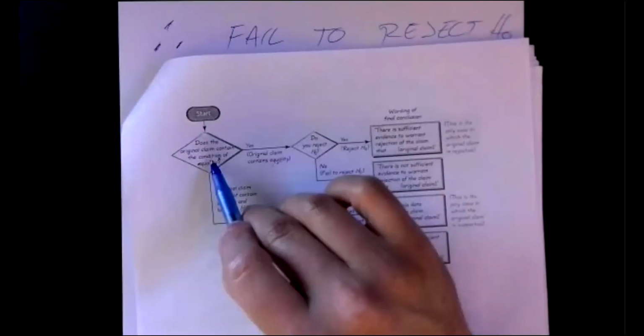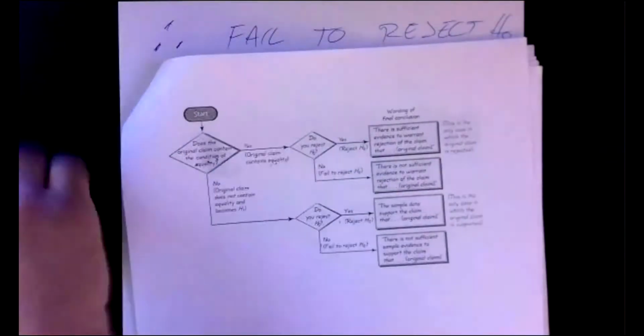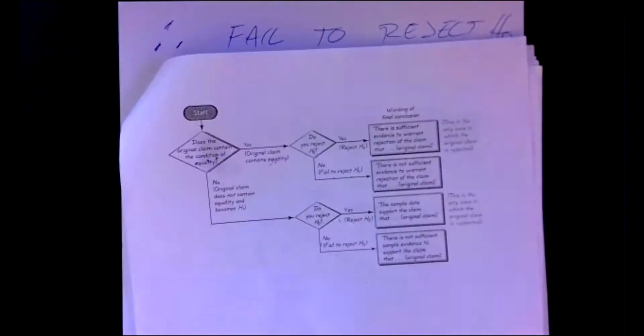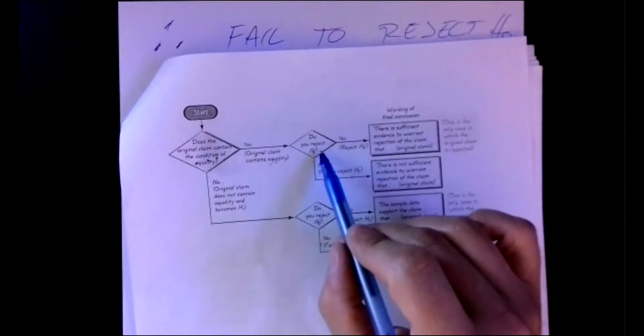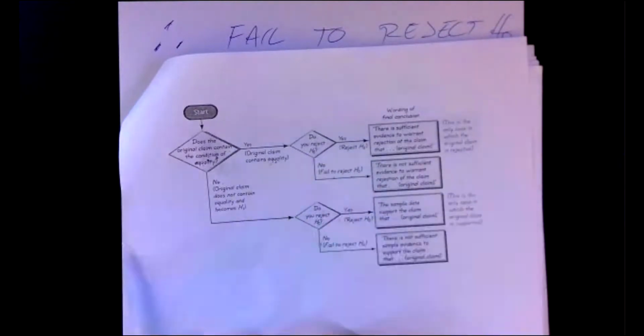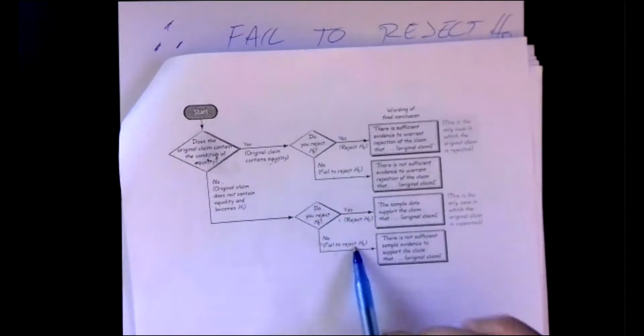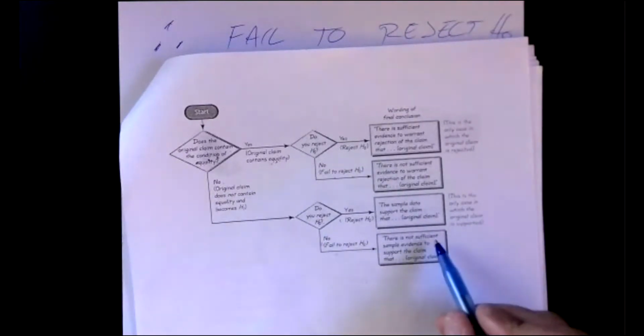Conclusion. Does the original claim contain the condition of equality? No, it does not. Do you reject the null hypothesis? No, we fail to reject. There's not sufficient sample evidence to support the claim.